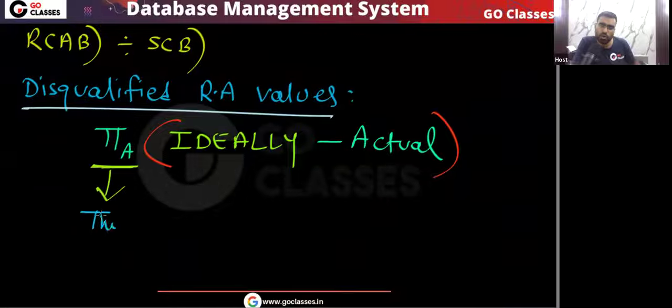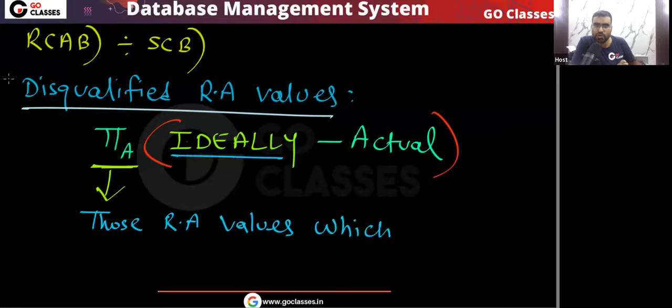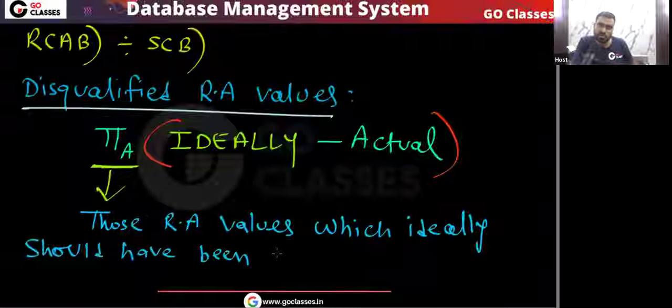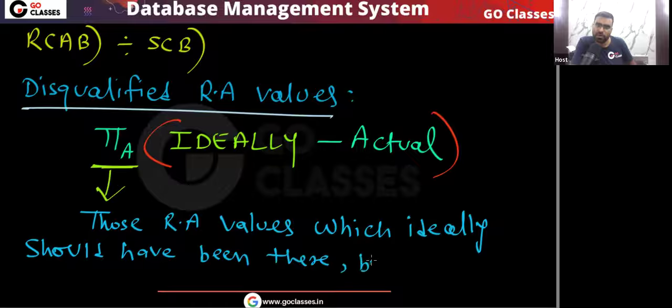These are those R.A values which ideally should have been there, should have existed, but are not actually there.